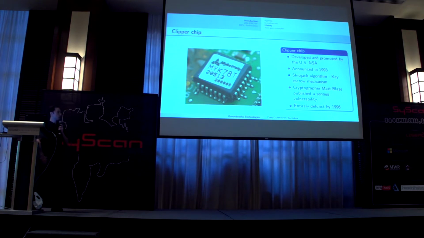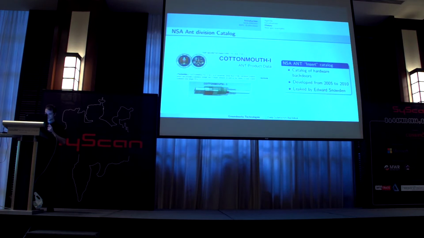But it was so bad that not only was key escrow completely terrible for privacy, but it also had a vulnerability that had nothing to do with the key escrow. It had a vulnerability in the protocol. So really, nobody adopted this chip. It was very easy to detect the backdoor.